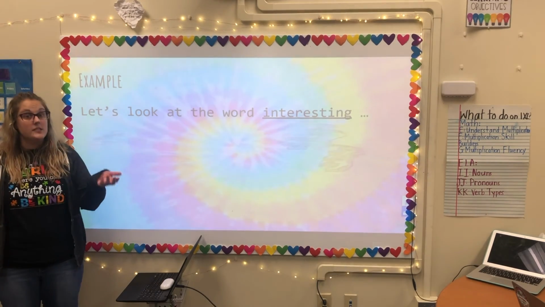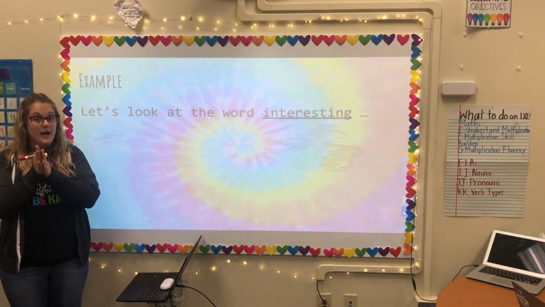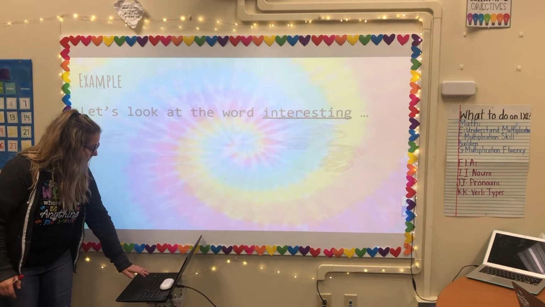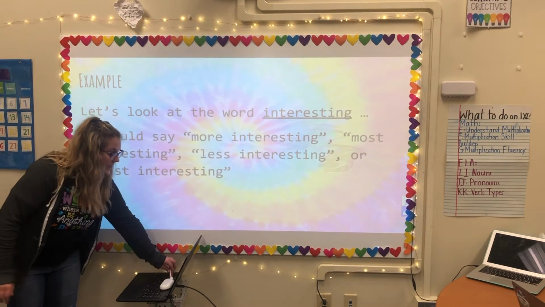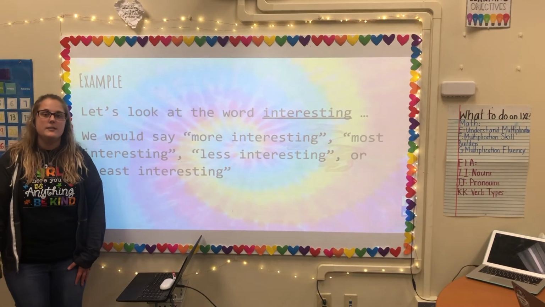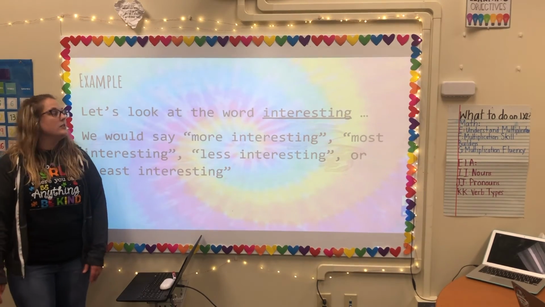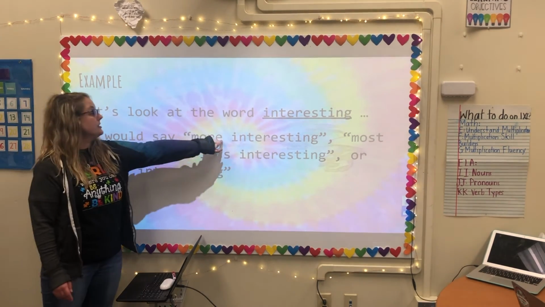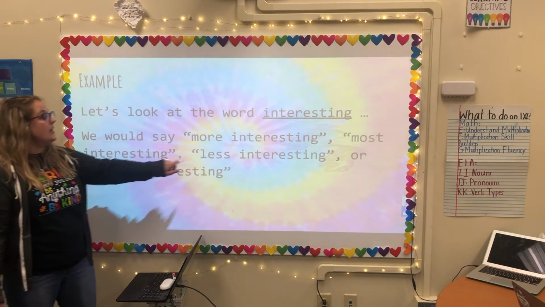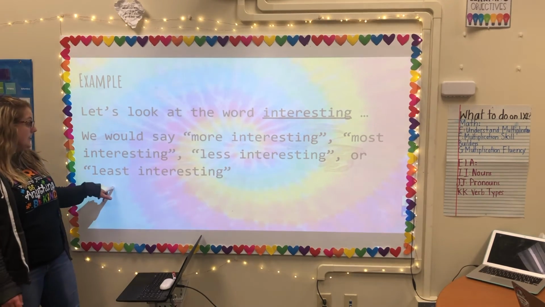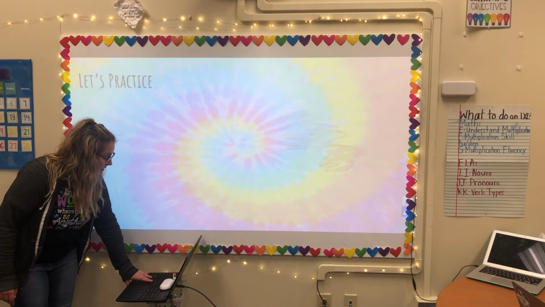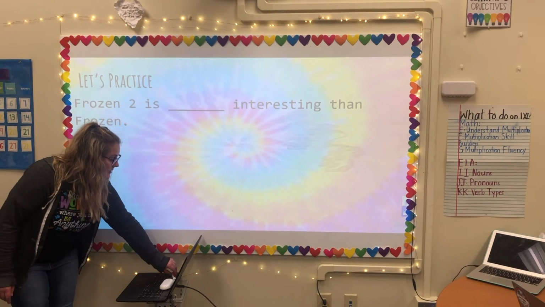So interesting has 4 syllables. Interesting. So instead of saying it's interesting-er or it's the most interestingest, we say it's more interesting, most interesting, less interesting, or least interesting. So let's practice.